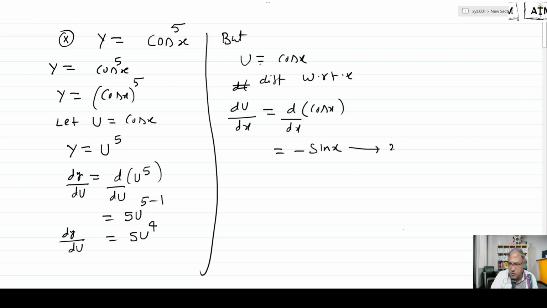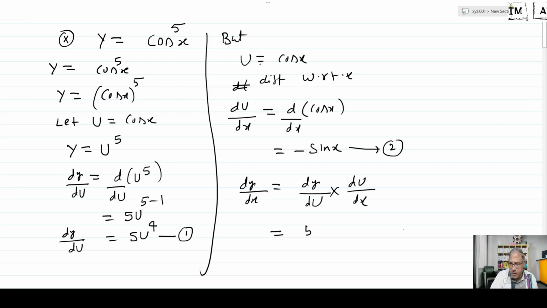Let us call it equation number 2, and it was equation 1. Now by chain rule, dy by dx equals dy by du times du by dx. So that equals 5 u raised to 4 multiplied by minus sin x.